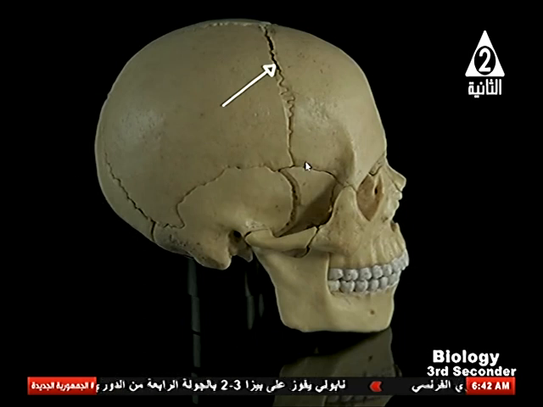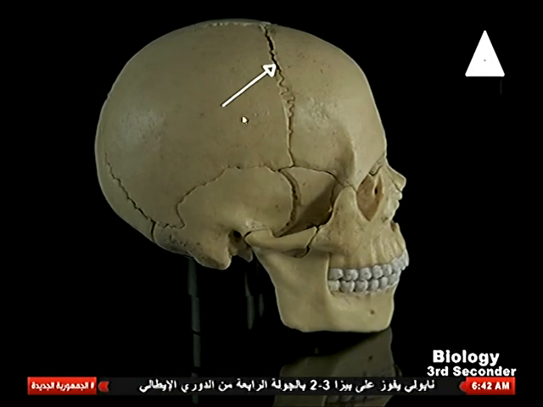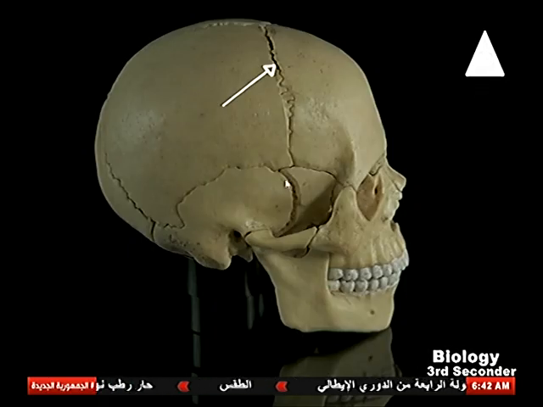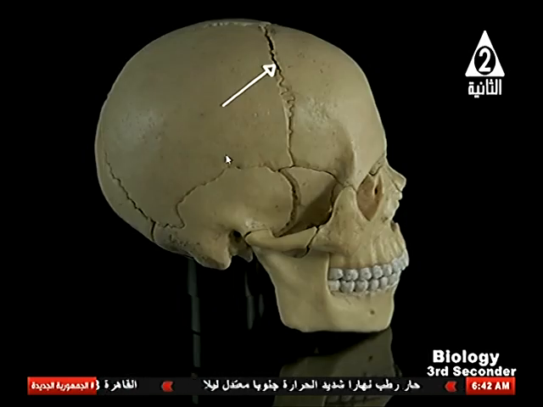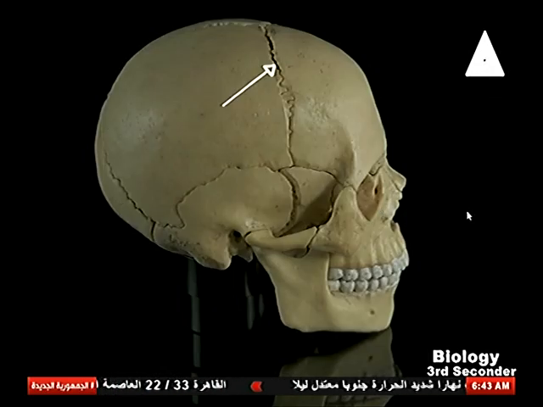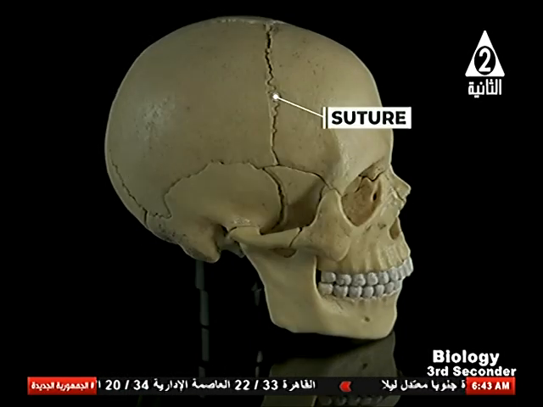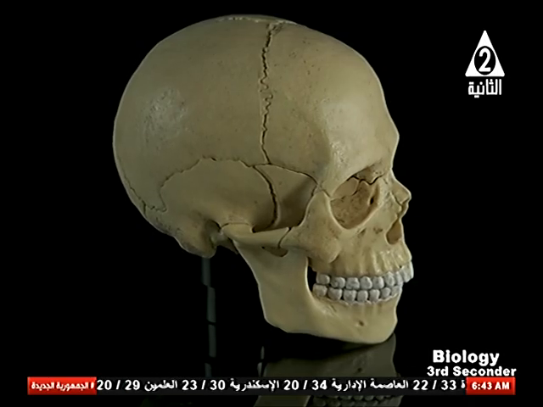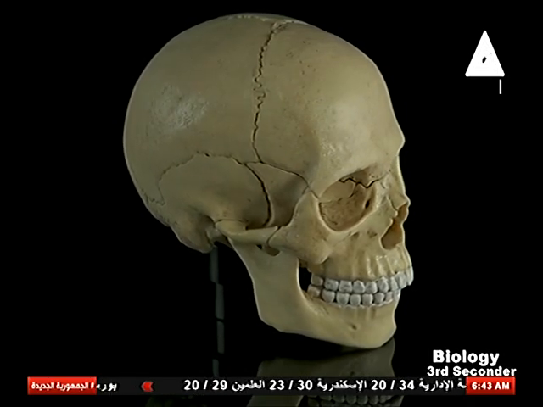So the cerebral part of the skull contains 8 bones attached firmly together, forming a cavity to protect the brain inside it. Anterior part: this is the serrated tips that attach to the posterior or cerebral part.